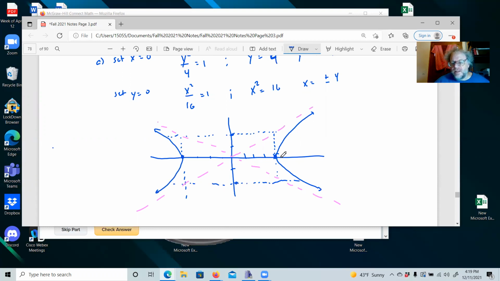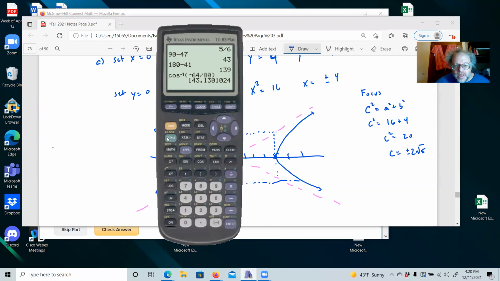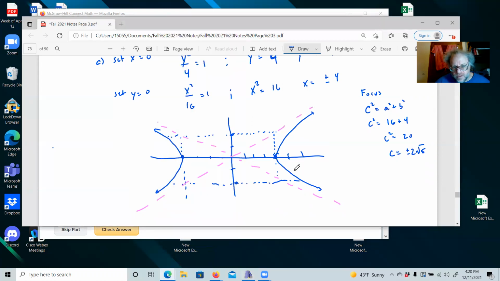So we have the center, we have our vertices. What's the focus? Well, again, in this case, c squared is equal to a squared plus b squared. So c squared is equal to 16 plus 4. c squared equals 20. c is equal to plus or minus 2 root 5. Just to get an approximation of where this is, second function 20, 4.47, that's some change.